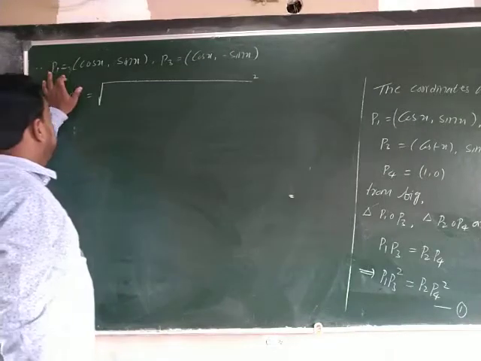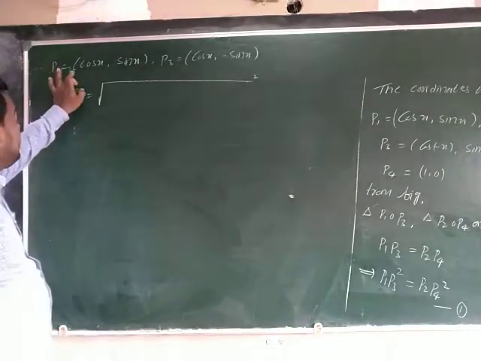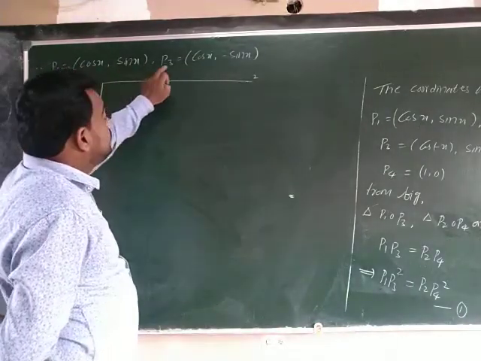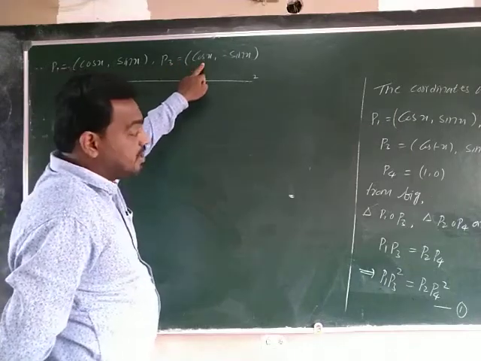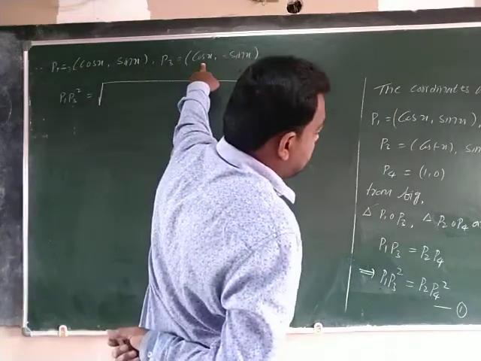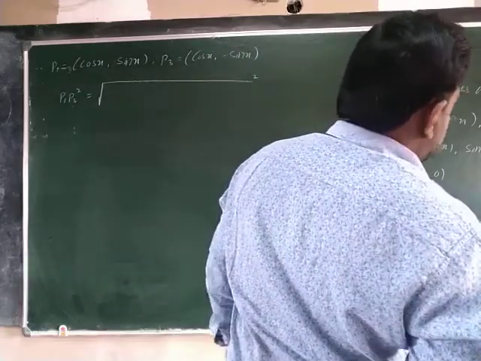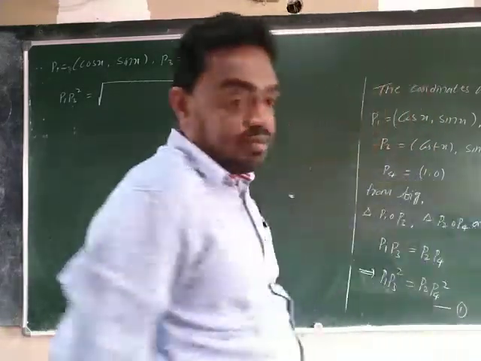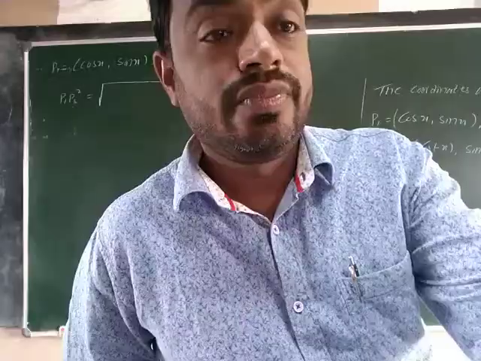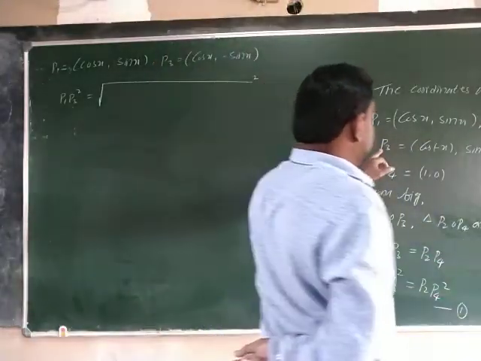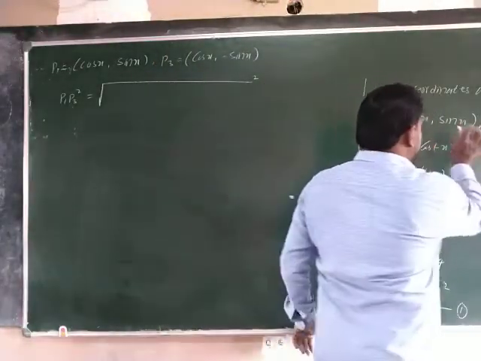See, the coordinates of P1 are cos x comma sin x. The coordinates of P3 are cos y comma minus sin y. Here, for P3, the angle is the negative angle y.